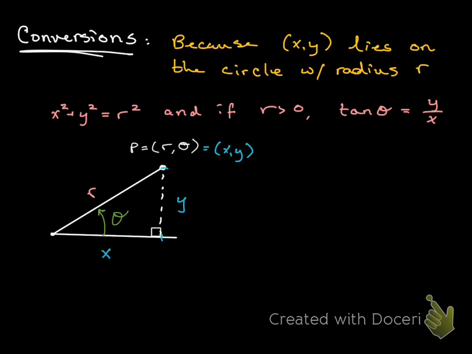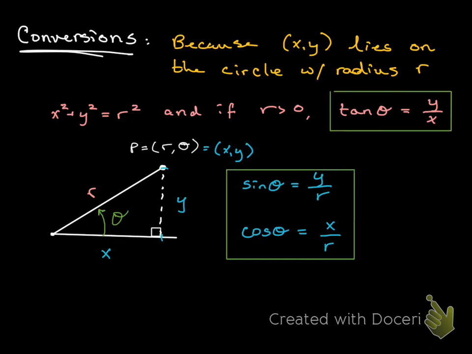So if I have r and theta, I need to be able to get x and y, and vice versa. X I can find by using sine of theta. Oh, I'm sorry, I said it backwards. Y I can find by using sine of theta. Sine of theta is y over r, opposite over hypotenuse. Cosine of theta is, of course, adjacent, x over hypotenuse.